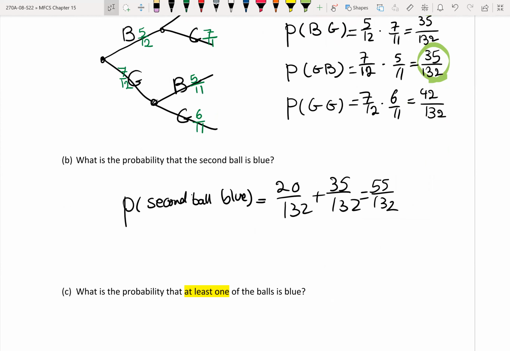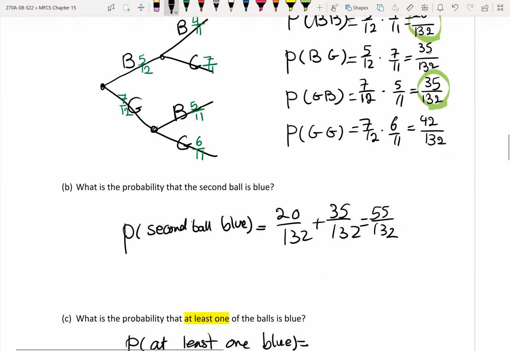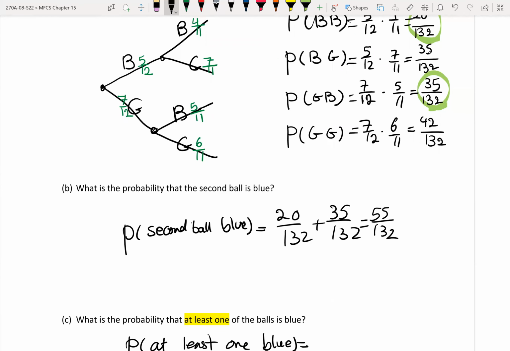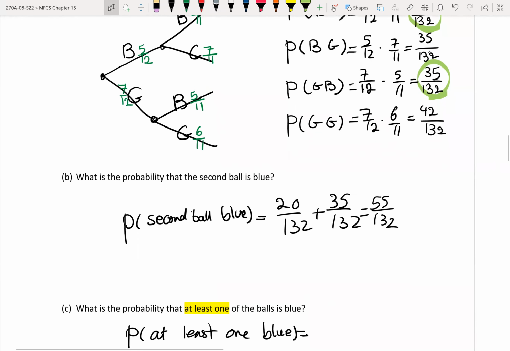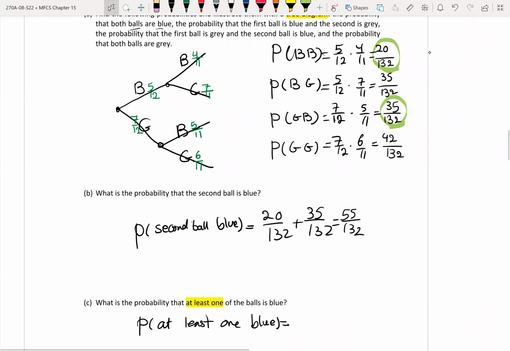What's the probability of at least one of them to be blue? At least one of them blue. At least means one of them or two of them, right?